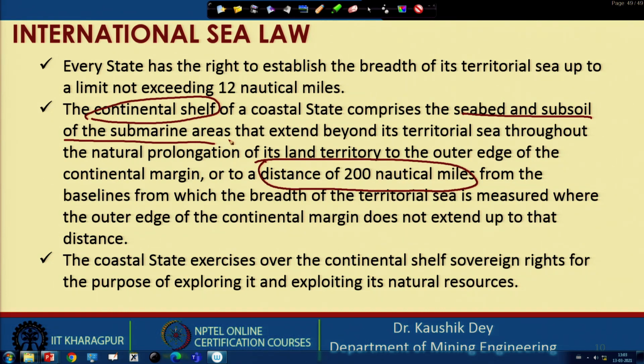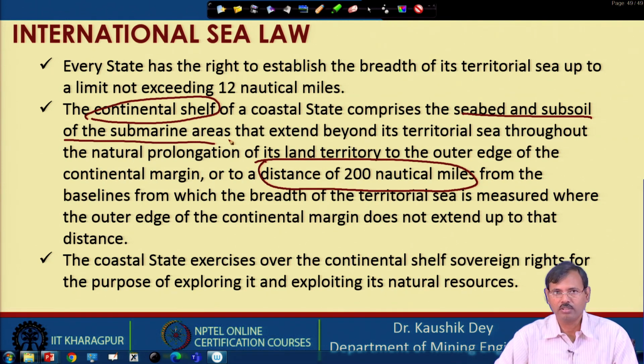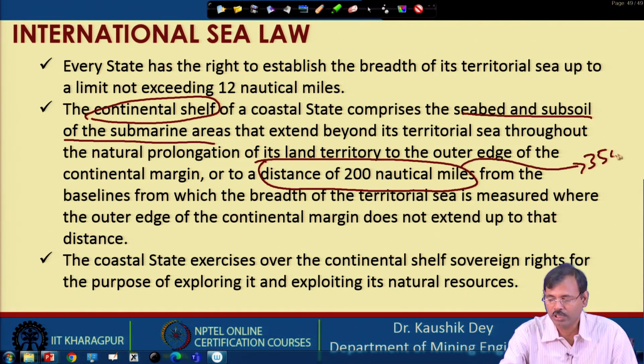So, that means if any deposit is found within that range, it can be easily exploitable by the concerned state with a notification to the international sea authority. So, that is a standard. In fact, as per that, it can also be extendable up to 350 nautical miles.